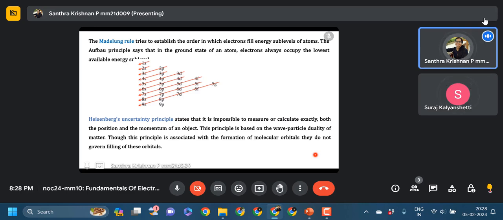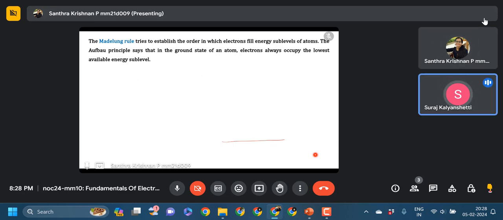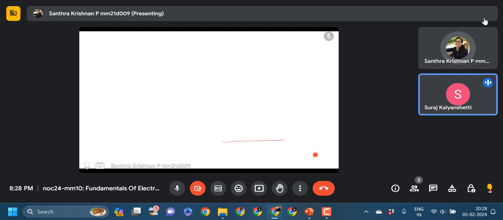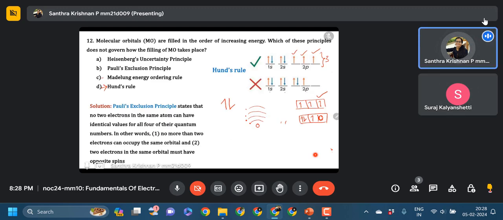This is associated with formation, but it has nothing to do with filling. Filling only depends on the Aufbau principle, Hund's rule, and Pauli's exclusion principle. Heisenberg's uncertainty principle is important, but it decides the formation of molecular orbitals, not the filling of molecular orbitals.